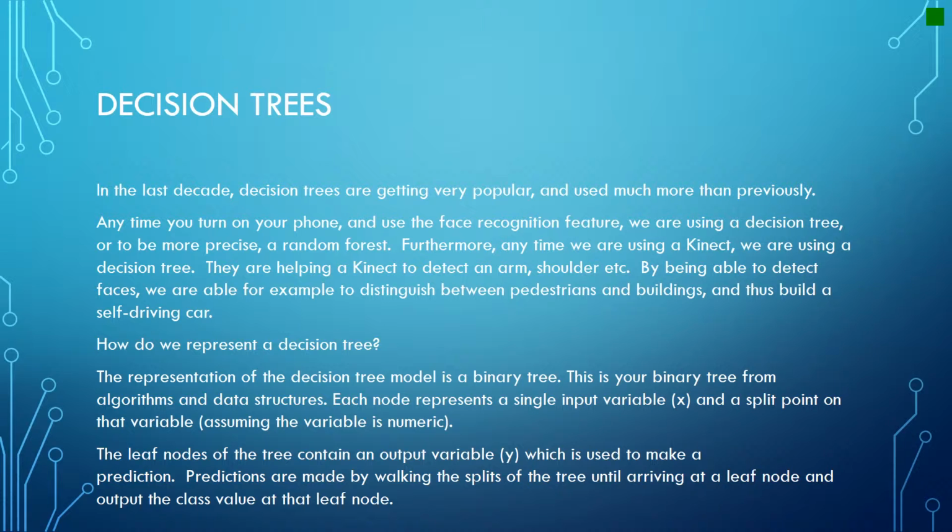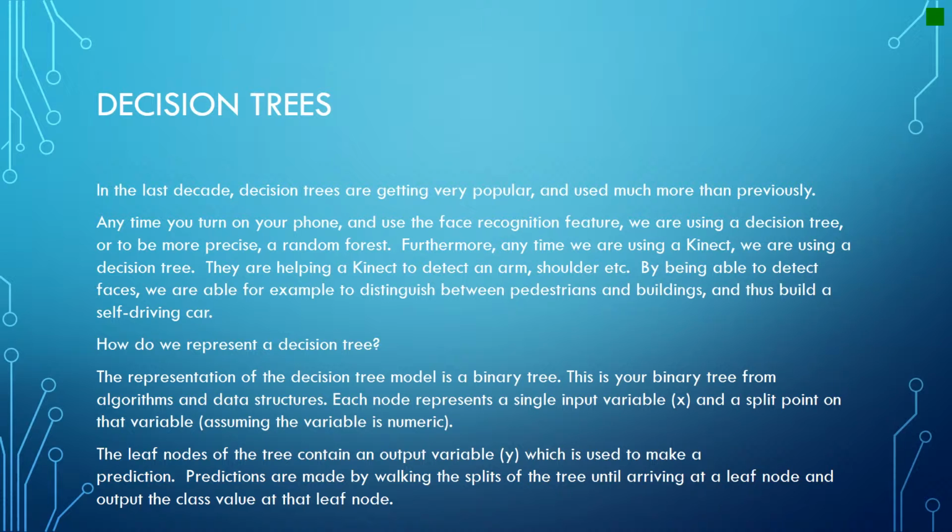Furthermore, anytime that you turn on an Xbox Kinect and you fire up a Just Dance game, that Xbox will be using a decision tree to determine if it's you, a spouse, a different family member, or a friend who's logging in to play. It's helping the Kinect decide through detecting an arm, a shoulder, a leg, or a face who's turned on the game. Also, by being able to detect faces, we're, for example, able to distinguish between pedestrians and buildings, which will help us lead to a self-driving car.